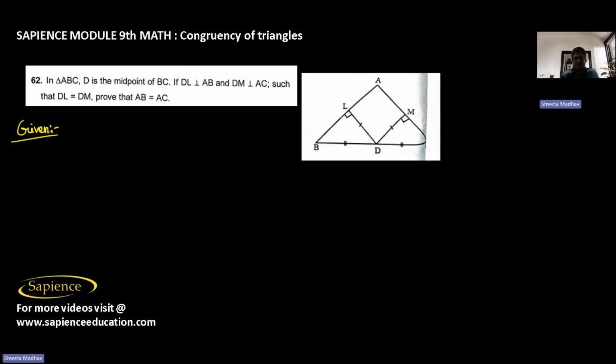If DL is perpendicular to AB and DM is perpendicular to AC, such that DL is equal to DM, prove that AB is equal to AC.